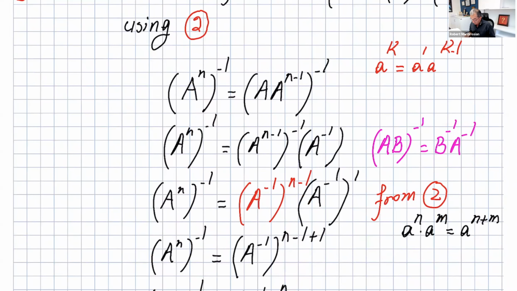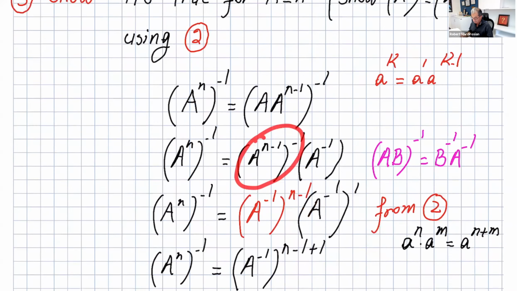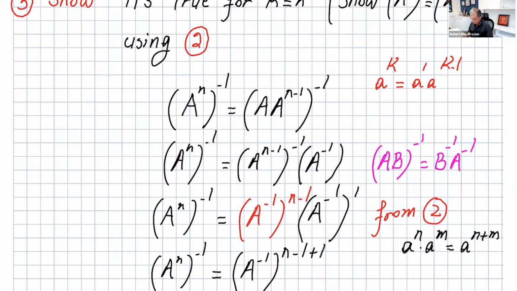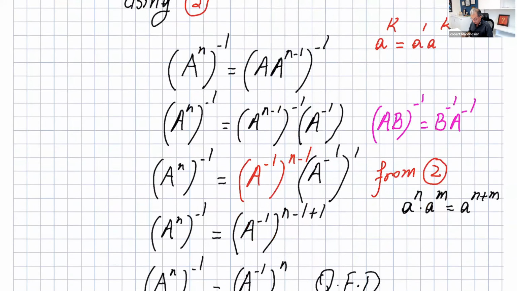Now we know that this is true from step 2, so we can change the notation. Therefore, instead of A to the power of n minus 1 inverse, we can write A inverse to the power of n minus 1, because, and I put it here, this is from step 2. And then this continues, we don't change that.